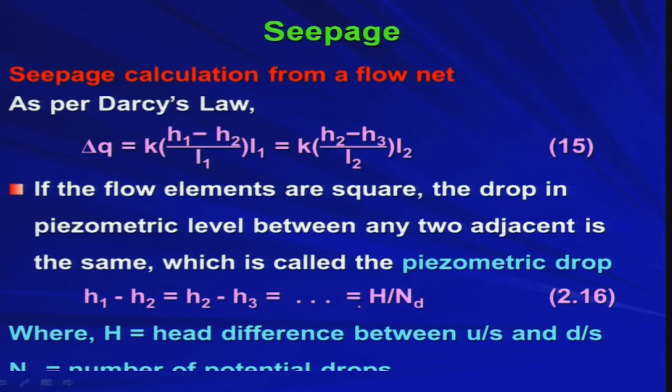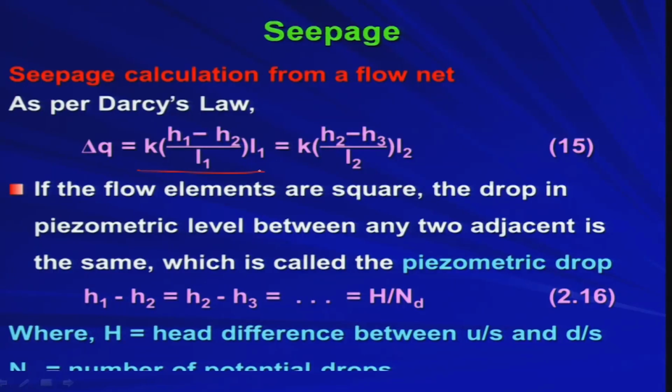Now, what is i? For element 1, the hydraulic gradient i is h1 minus h2, the head drop from equipotential line 1 to equipotential line 2, as in the figure we saw just now. So, k into (h1 minus h2) by L1, the length of the element, into the area, which is L1 into unit length normal to the board.